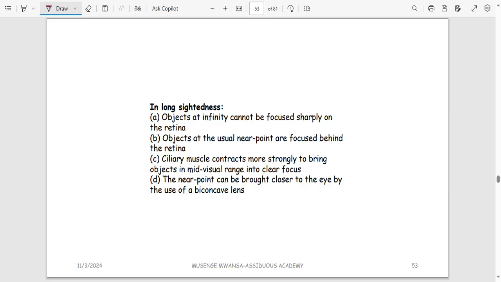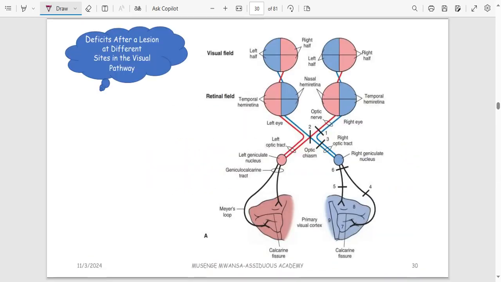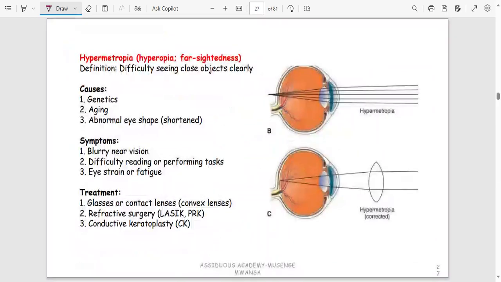Okay. So objects at the usual near point are focused behind the retina. Instead of me drawing anything, we can simply use what's already there. You can see here in farsightedness, the object is being formed behind. That's for hyperopia, difficulty seeing close objects.